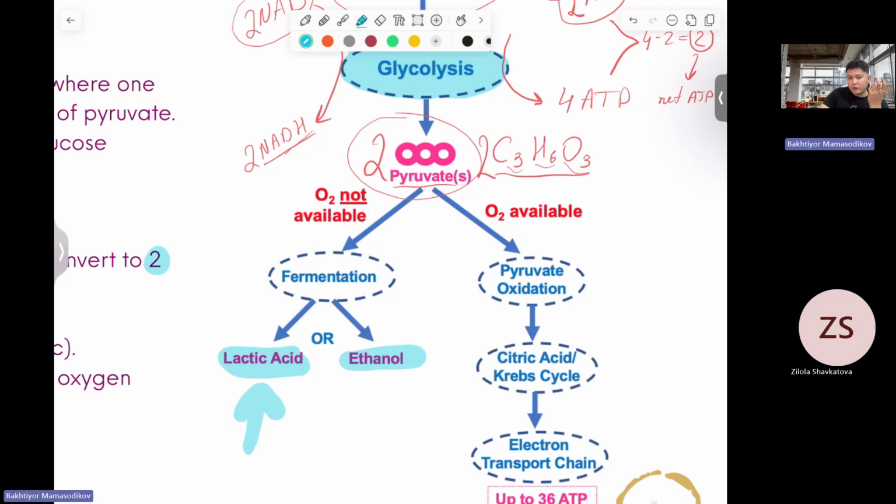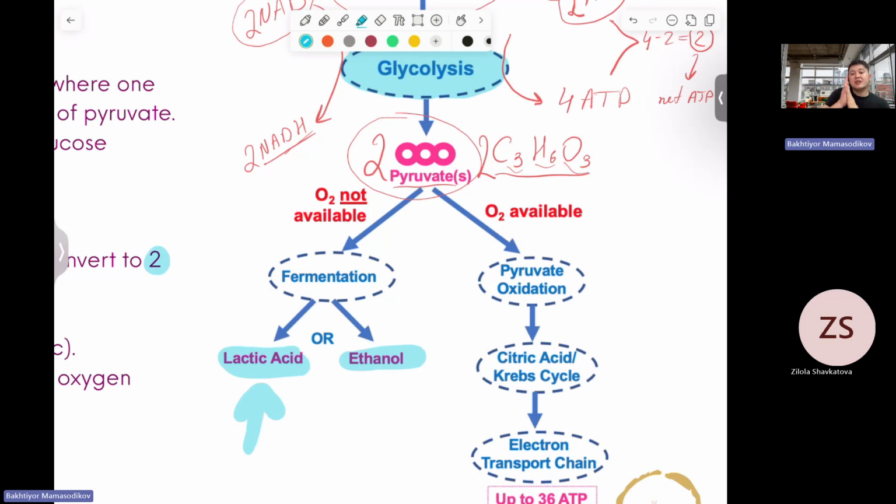That's why your cells will lack oxygen. After that, lactic acid will be produced, and this lactic acid will give you the pain, okay? For example, after a sprint, muscles produce lactic acid that leads to muscle soreness. You know what's muscle soreness? This is muscle pain.